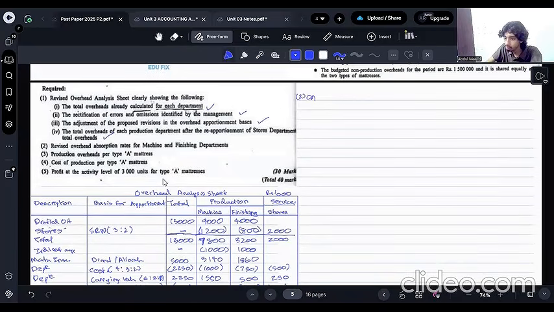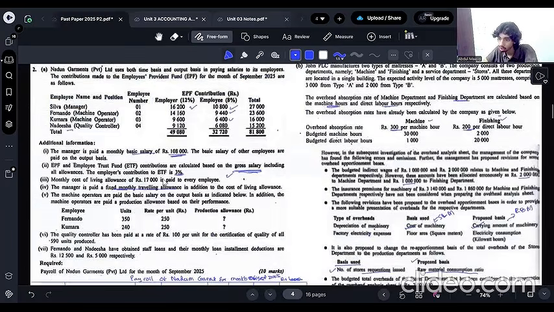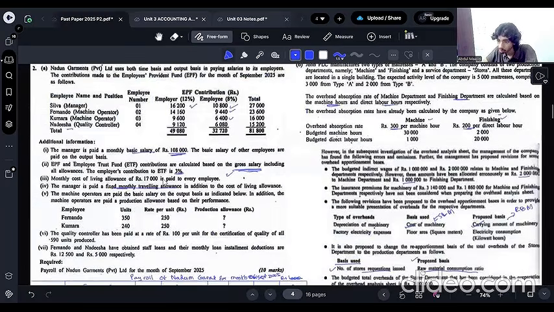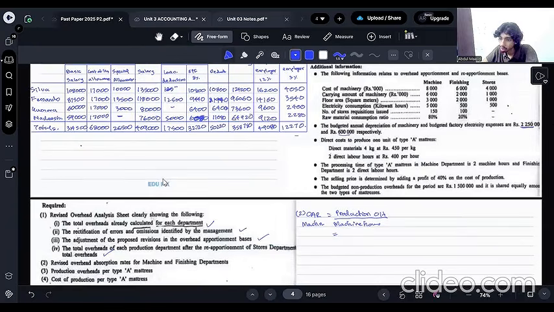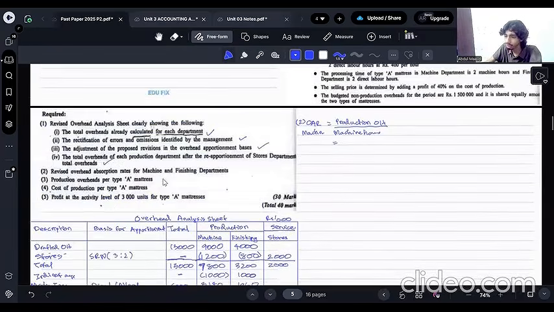The OAR of the machine department will be production overhead of the machine department divided by machine hours. Production overhead is 12,000, so 12 million, divided by machine hours.